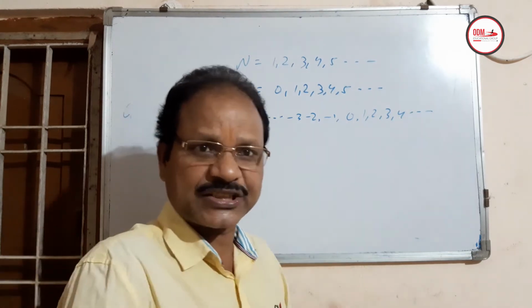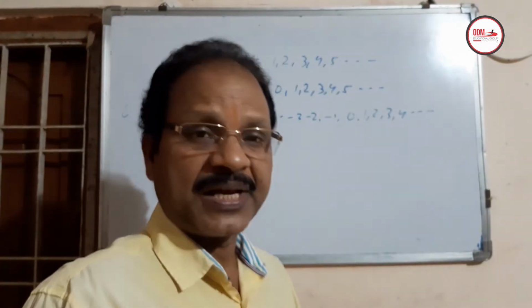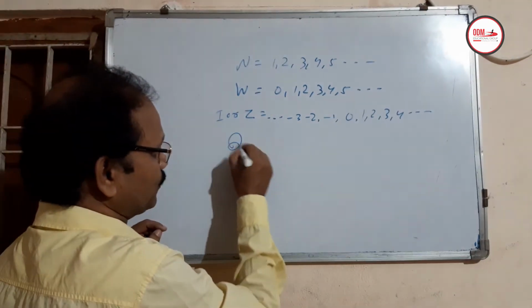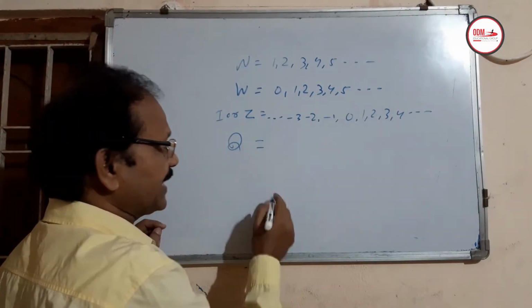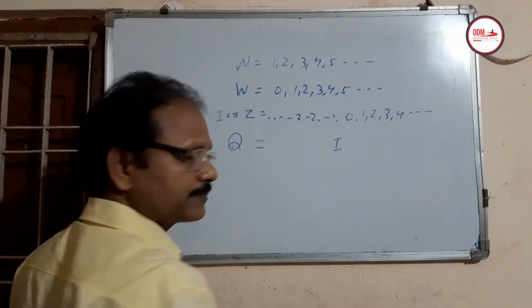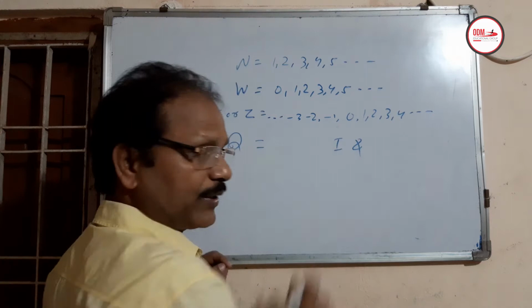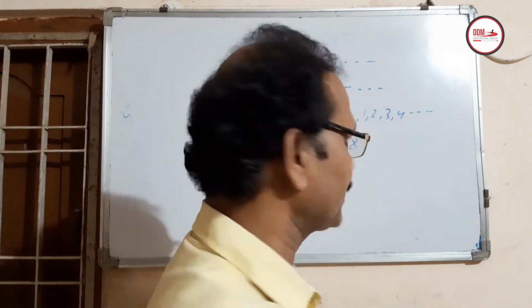Now the next set of numbers is called rational numbers. Rational numbers are represented by Q. Q contains all integers together with all fractions. All fractions means they are in the form of plus minus p by q.